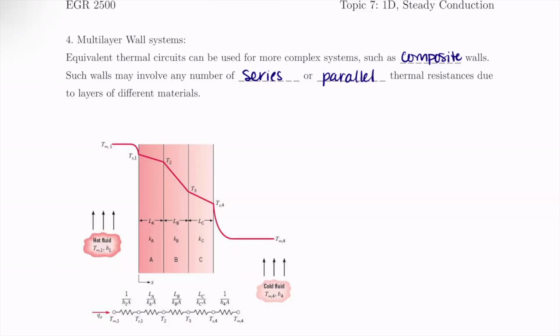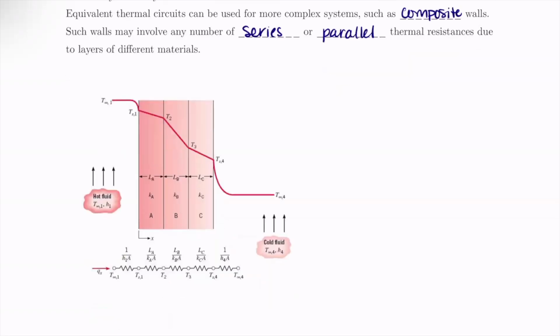Okay, so for example, if we consider a series composite wall, what we have is convection happening on the left-hand side, convection happening on the right-hand side of this wall, but you see that our layers of the wall are sandwiched perpendicular to the direction of the heat transfer.